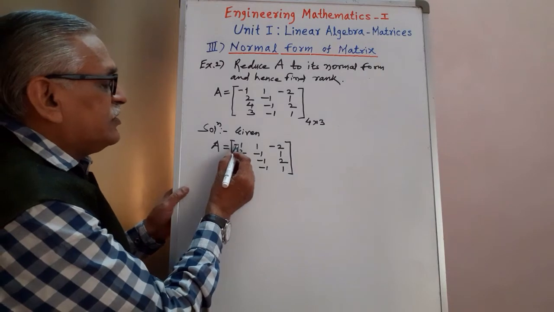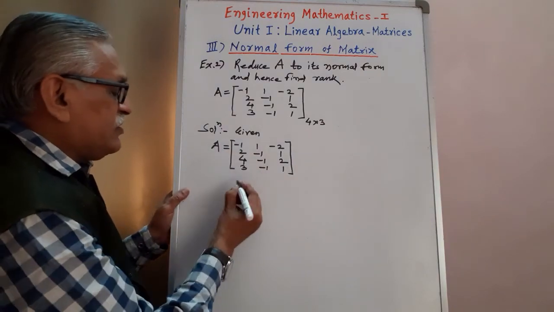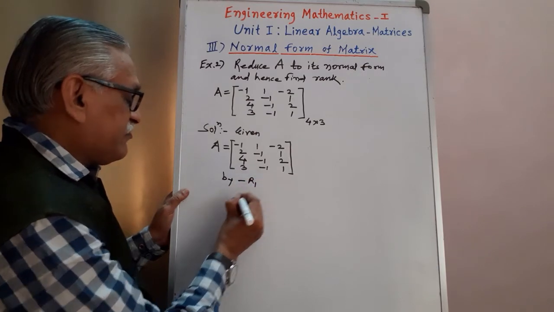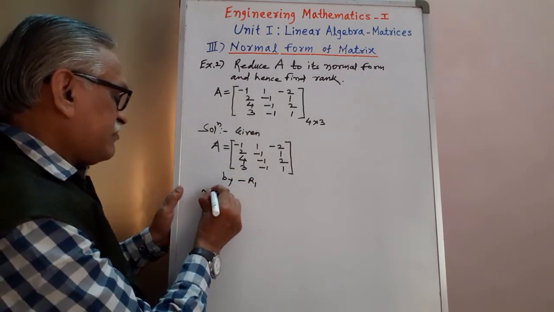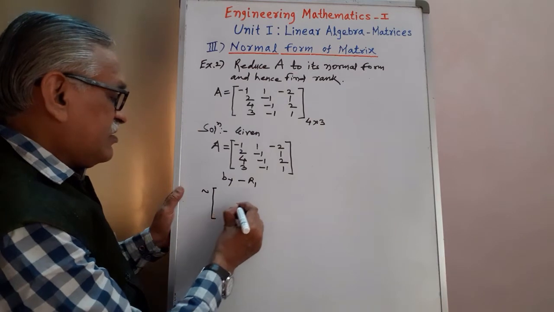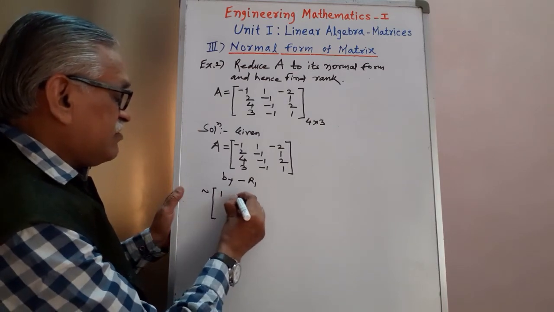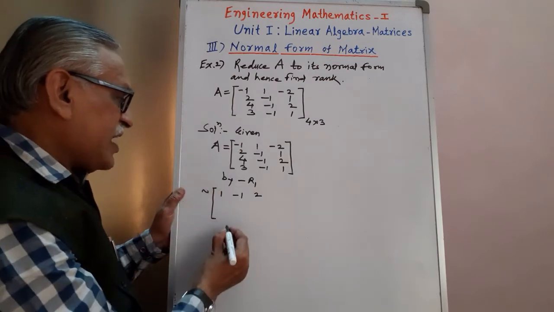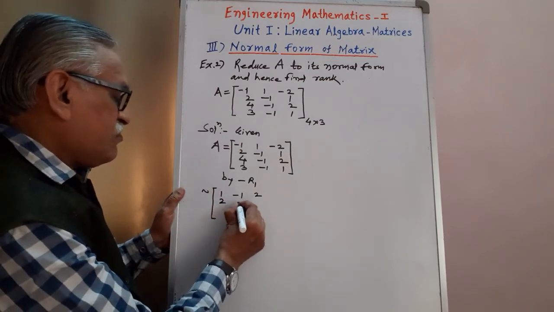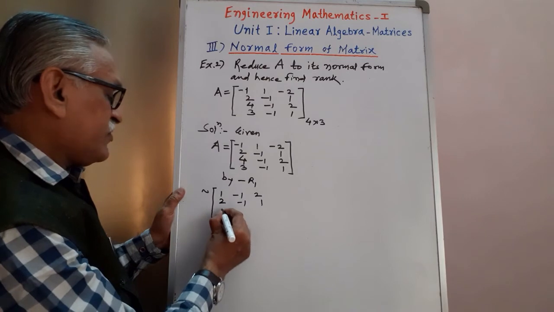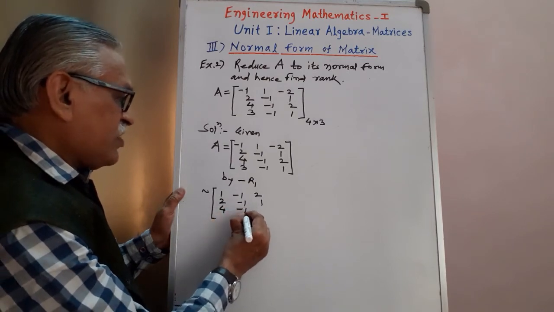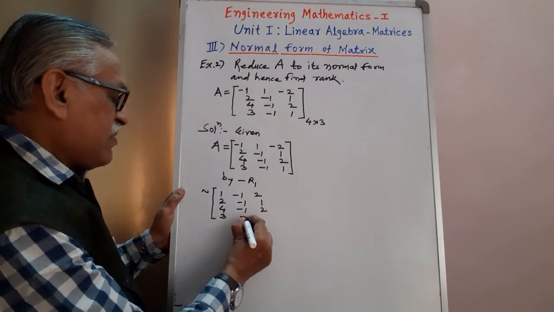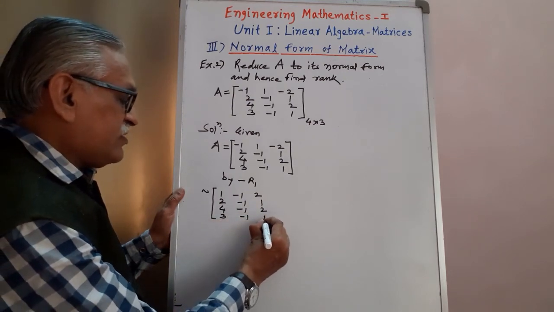Therefore, this minus 1 I will make as plus 1 by multiplying that row by minus sign, and therefore we get 1 minus 1 plus 2. Remaining elements as they are: 2 minus 1, 1, 4 minus 1, 2, 3 minus 1 and 1.